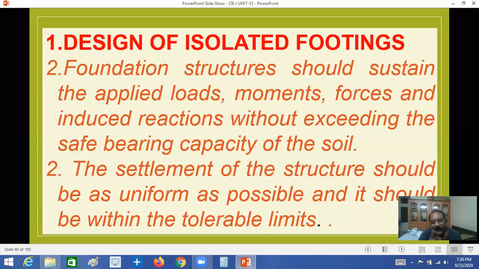So depending upon the soil, we have to design the foundation. The settlement of the structure should be as uniform as possible and should be within tolerable limits.